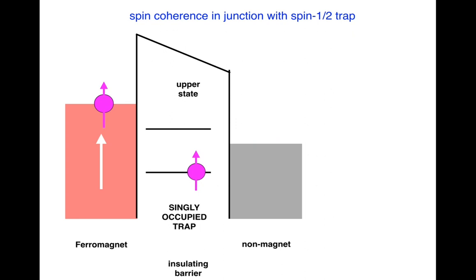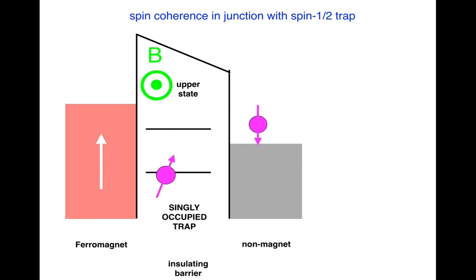Now, a way to get rid of the bottleneck is by applying a magnetic field. This will cause transitions within the lower energy state of the defect, and the relative orientation of the trap spin and the ferromagnet spin will change and become anti-parallel, and that's, of course, the case where we can hop to the right.